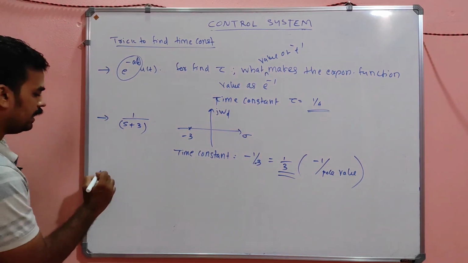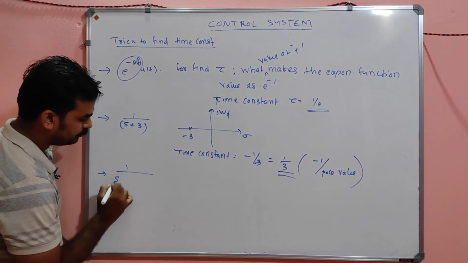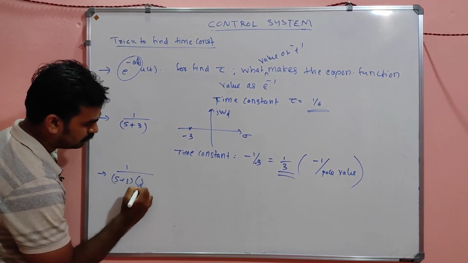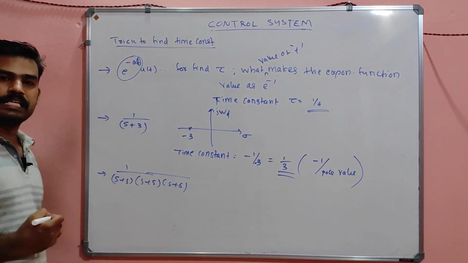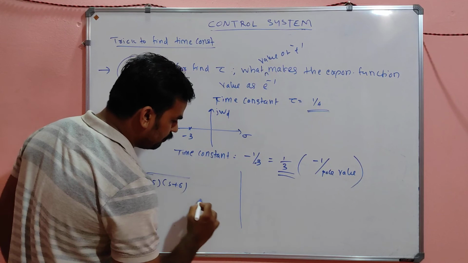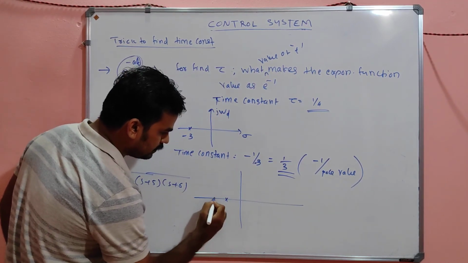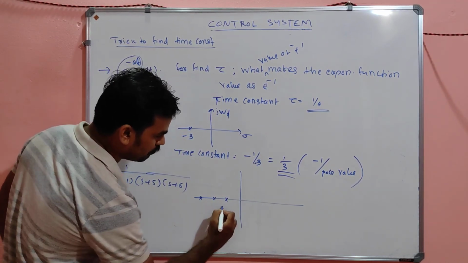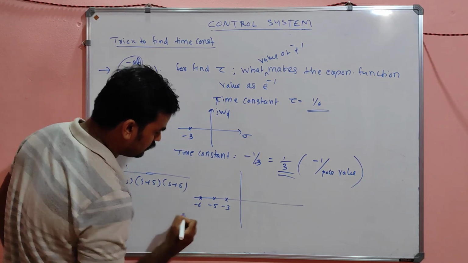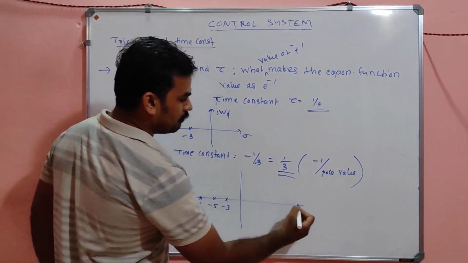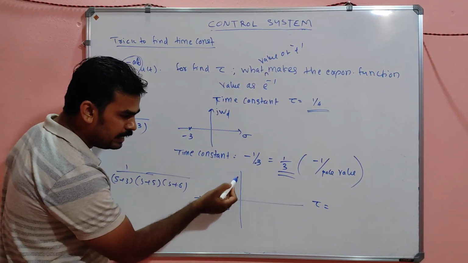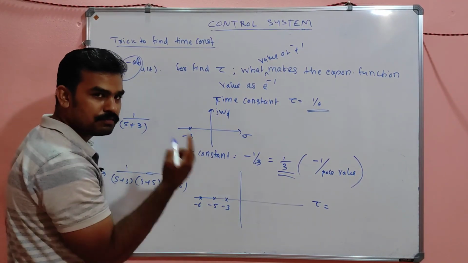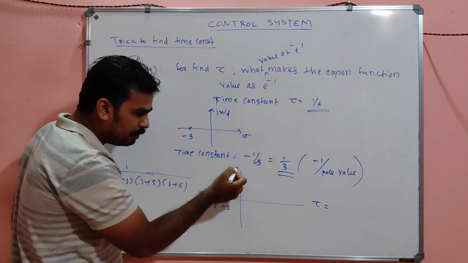Okay. And if you have these poles, what will it be? -3, -5 and -6. So what will be the time constant now? Consider only the nearby pole of the imaginary axis.